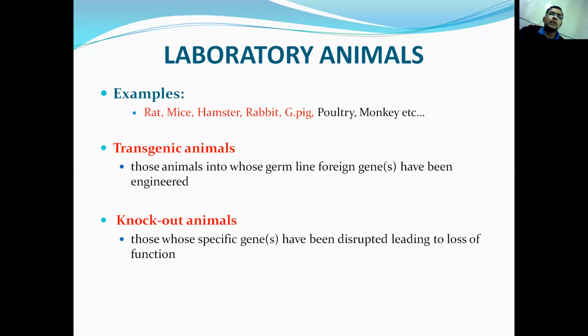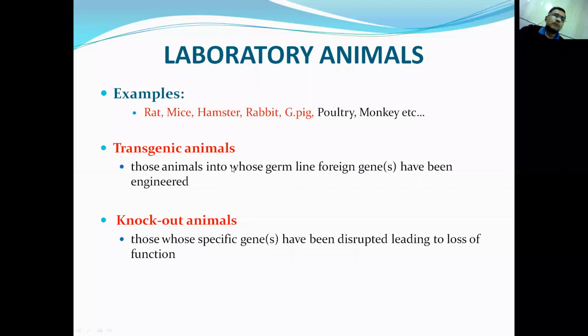Both have a similar aspect of modification, but the difference is this: trans means you are transferring some gene. Transgenic means you are transferring some foreign genes into the germplasm of a native animal, and because of this introduction of new or foreign gene, they are considered transgenic animals. This transgenic animal has different roles in the production of the particular protein encoded by your foreign gene.